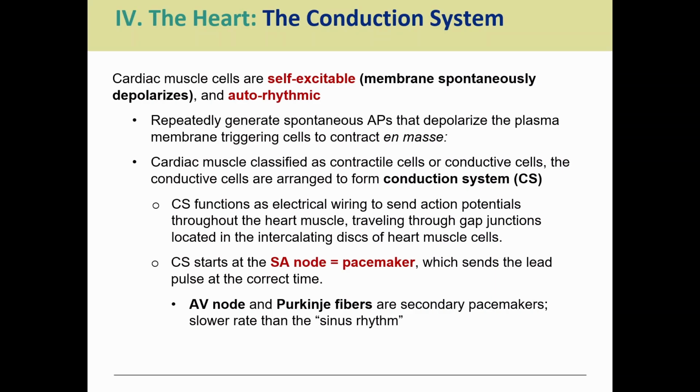This is also known as your natural pacemaker, because it's going to be the one to start this pulse and make sure it happens at the right time. From there, we have an AV node and Purkinje fibers. They're secondary pacemakers. They're going to get signals from the SA node and continue those signals on to make sure the atria and ventricles are all contracting when they're supposed to.